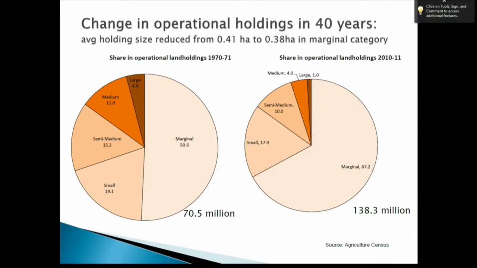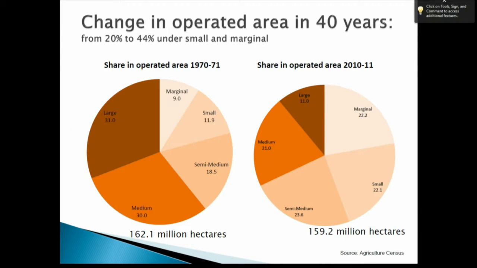So the small and marginal farmer who has land less than 2 hectares is operating on 44% of our operated land. So I'm just consolidating the two things. Between the 40 years, you can see the number of operational holdings increasing and the share of marginal and small swelling up. In case of operated area, while the total operated area has gone down, the share of small and marginal has gone up.